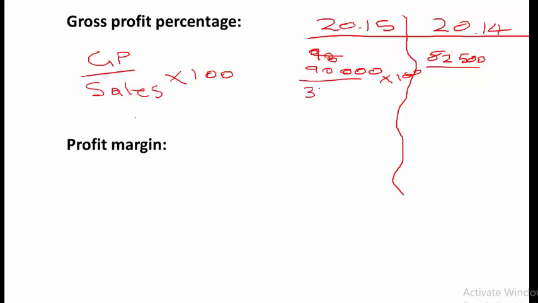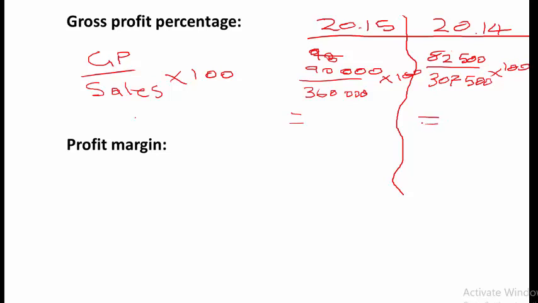We'll go and double check if I'm wrong. So right now we have our 90,000 over 360,000 times 100, and then we will get a percentage. And we have 82,500 over 307,500 multiplied by 100, and that should give us a percentage.